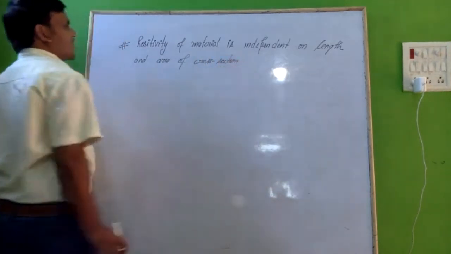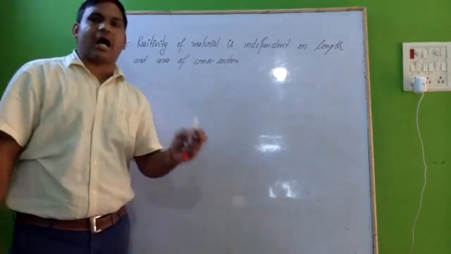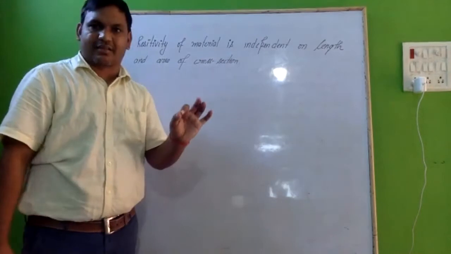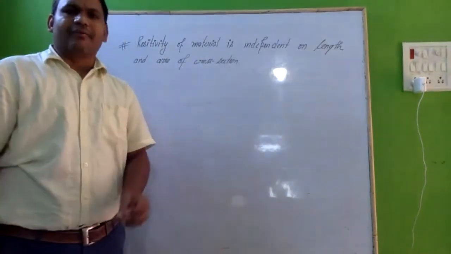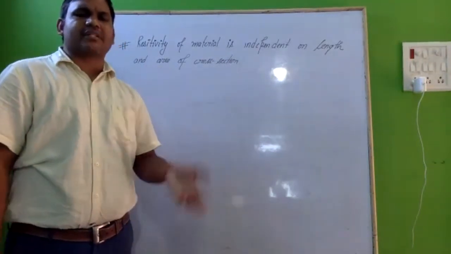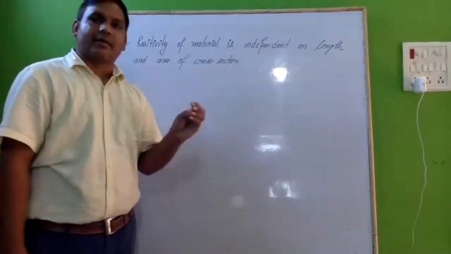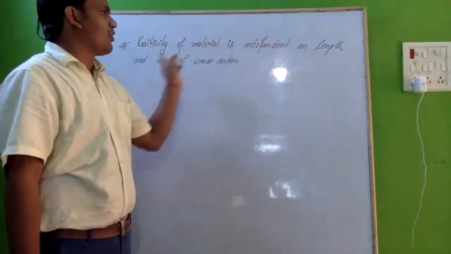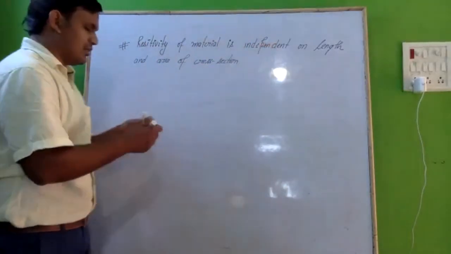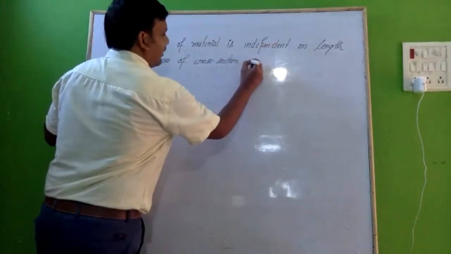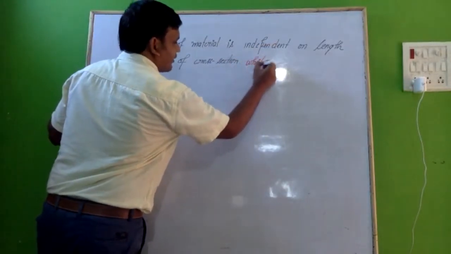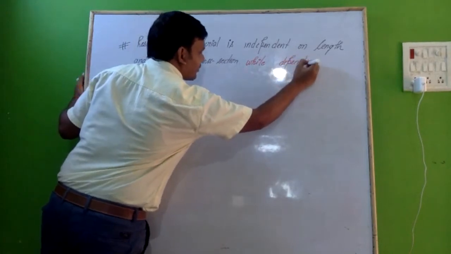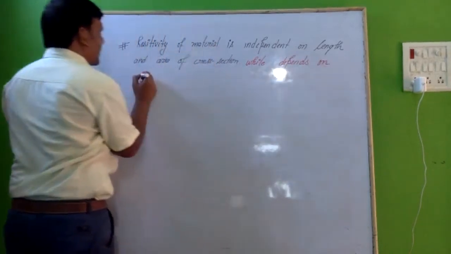You can just understand: the resistivity of a material is independent of length and area of cross section. Means whether you are taking a 1 meter wire or 10 meter wire or 1000 meter wire, it's only a property of the material. While it depends upon the nature of the material.